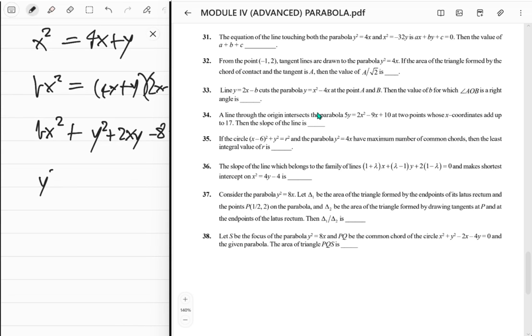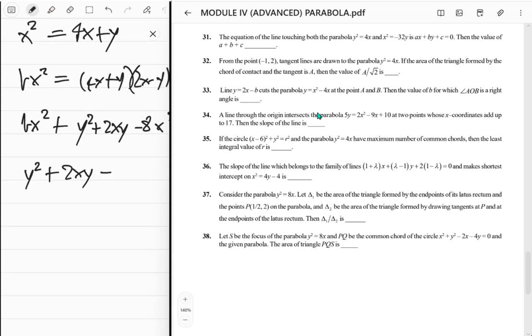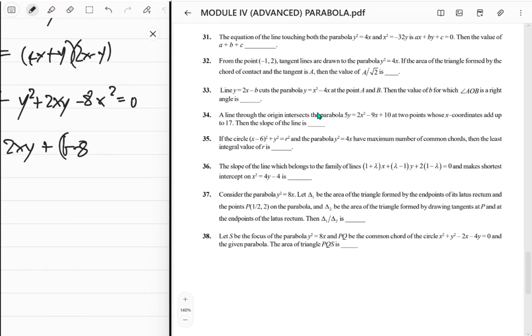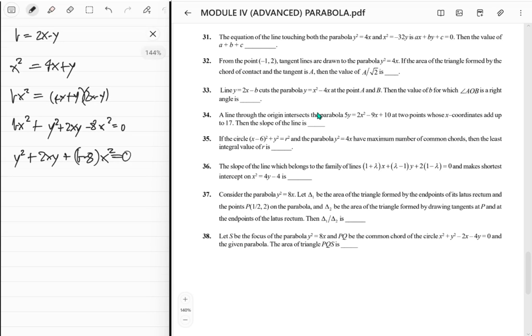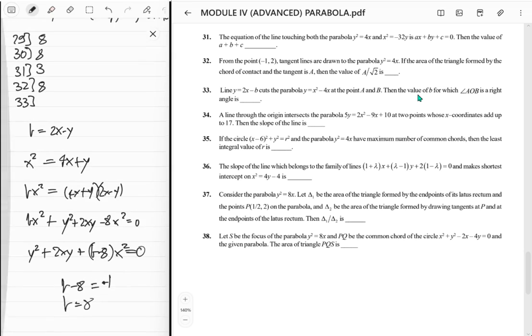So y square plus 2xy plus b minus 8 times x square is equal to 0. So we want this to be y equal to m1x, y equal to m2x, but m1 m2 is equal to negative 1. Then of course this thing must be negative 1, right? So b minus 8 is equal to negative 1, b is equal to 7. That's the value of b, so that this happens. Right, so 7, there we go, next question.